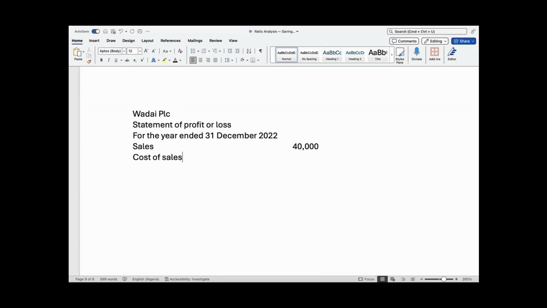Our cost of sales, I'll break that down because a lot of time to solve for this inventory of 3,000. I don't have purchases, but I have closing inventory as 5,000.